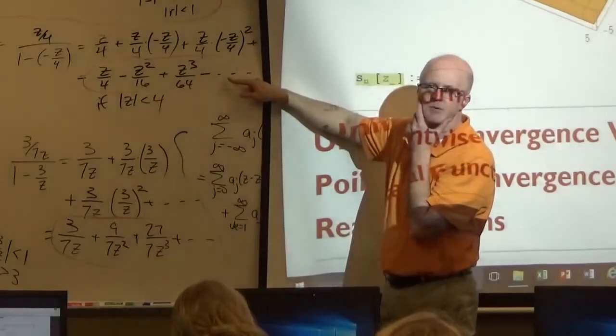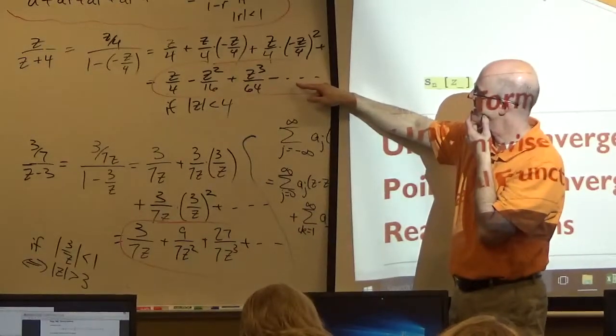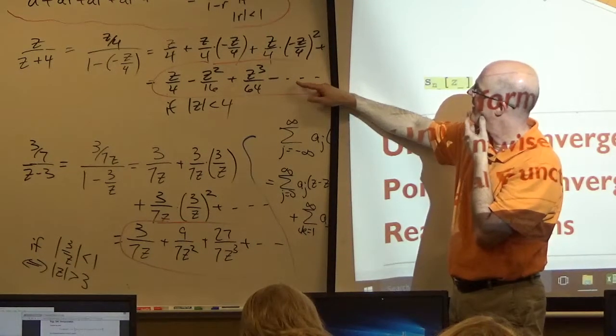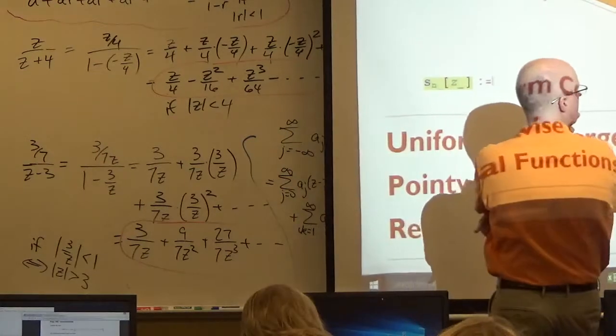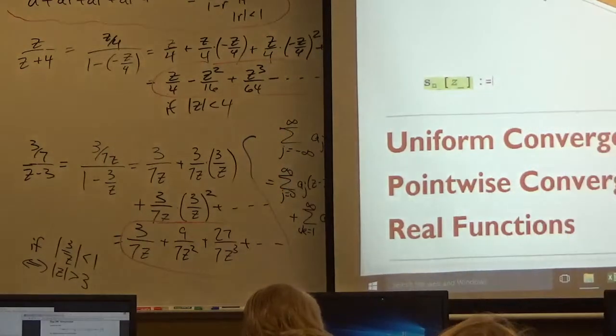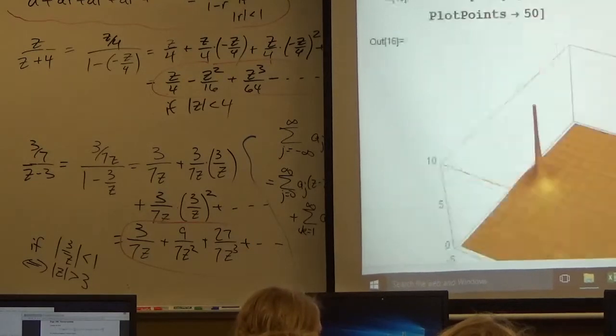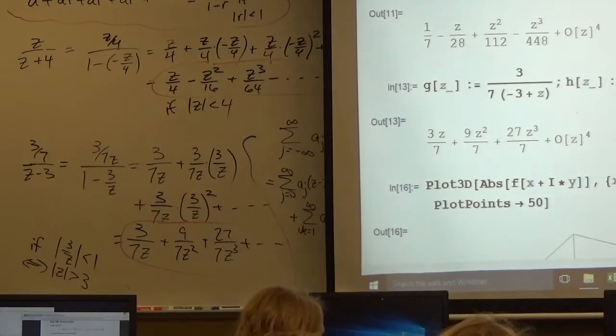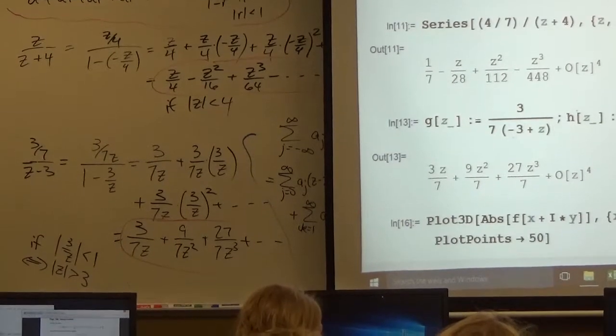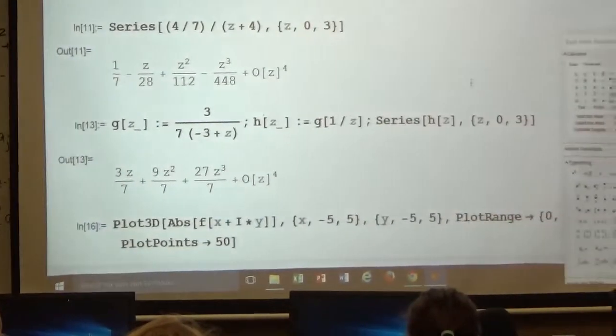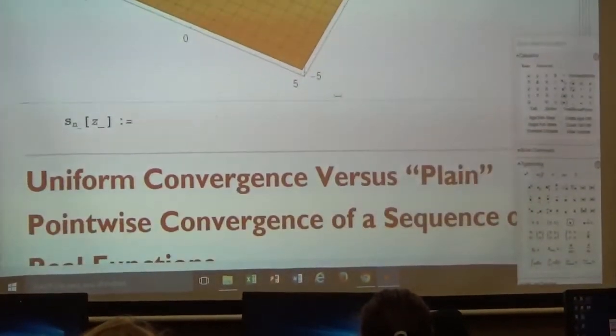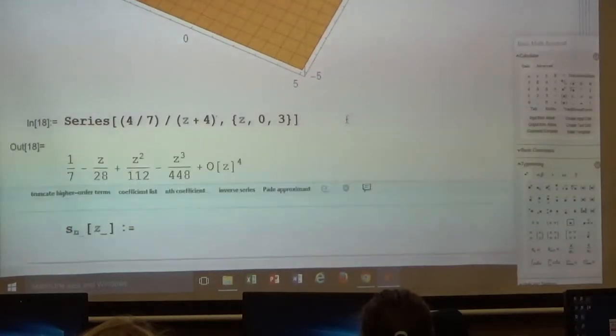Oh, this is the one where we were doing the product, wasn't it? I'd prefer doing the sum, but let me copy and paste the series for that down here.